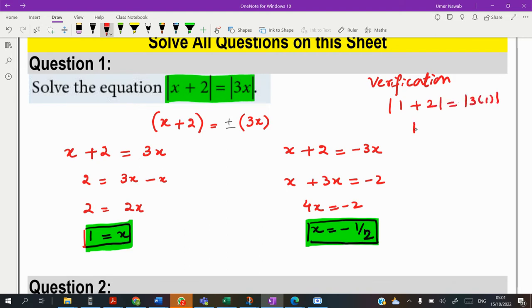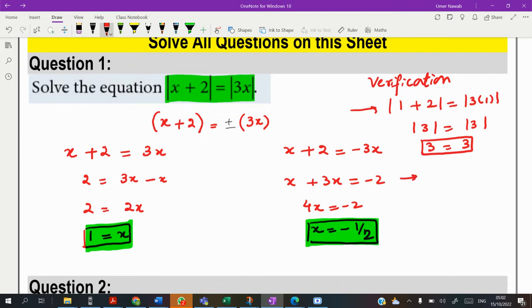Your left hand side should be equal to the right hand side. So 1 plus 2 is 3, the absolute of 3. 3 times 1 is 3. Everyone knows the absolute of 3 is 3. So look, left hand side becomes equal to the right hand side. x is equal to 1 is the correct solution.